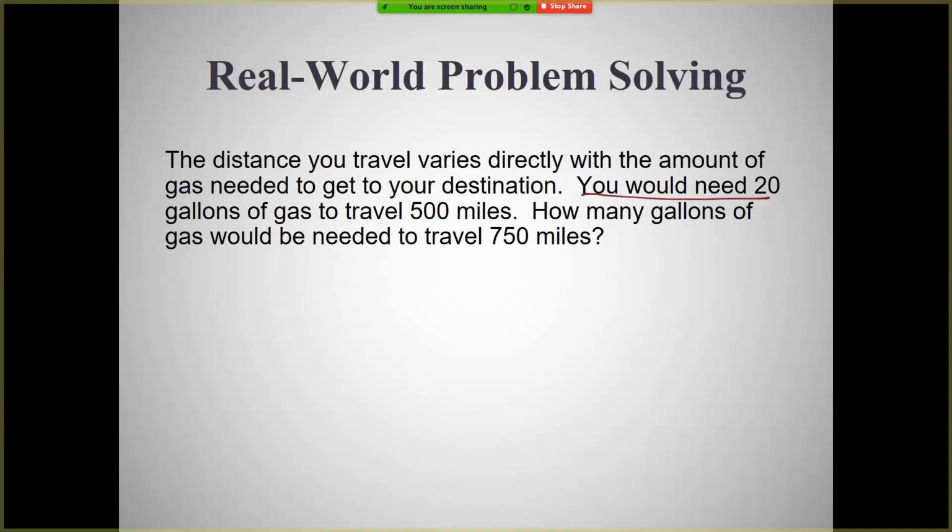So keep in mind, you want to keep things that go together. So I'm going to keep the 20 gallons with the 500 miles.